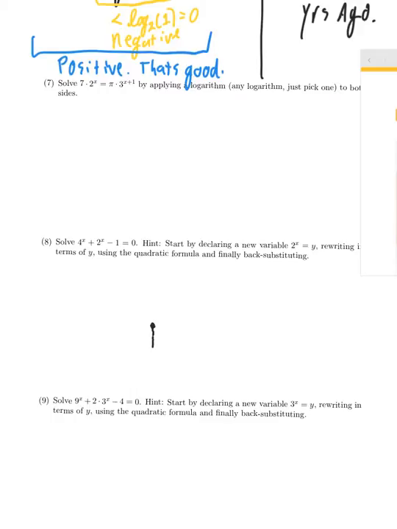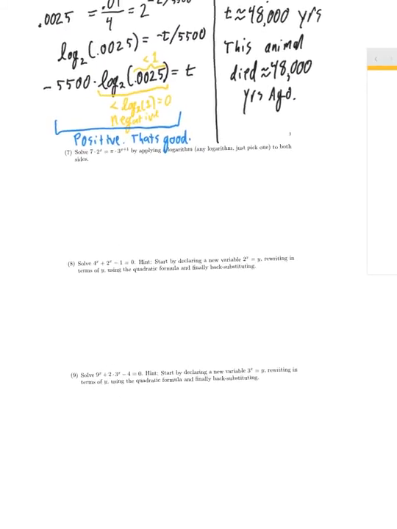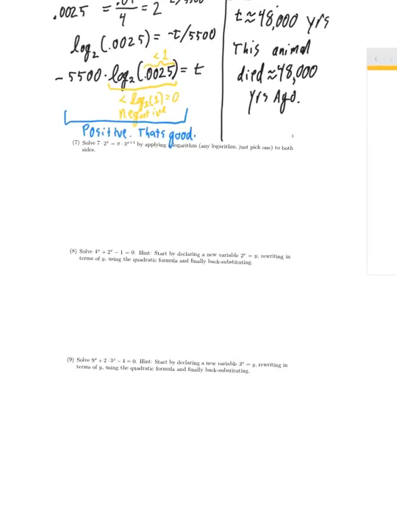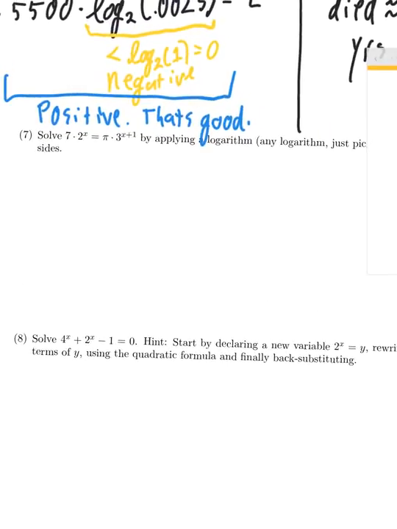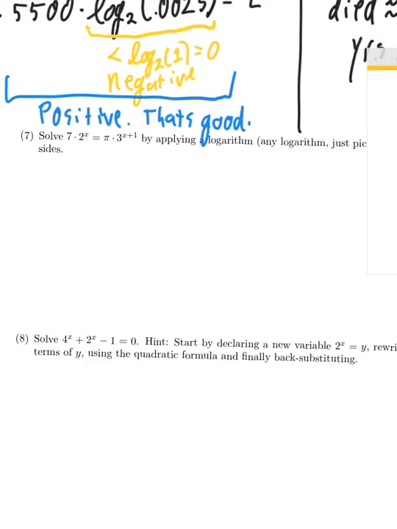So let's try to solve this, and I gave a comment here about a technique to try. Let's apply a log to both sides. I claim that any old log will work, so maybe I'll even not specify a base. If you have a favorite log, use that. If you think applying log base 2 will be good, do that.